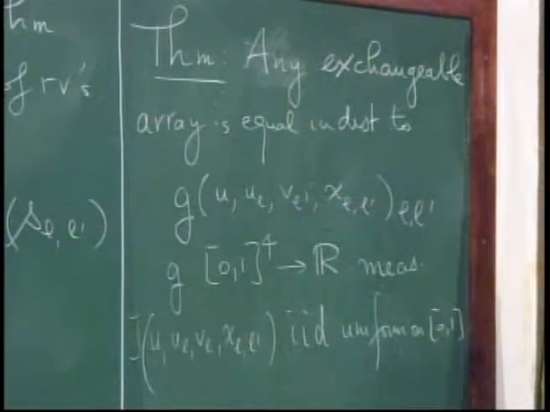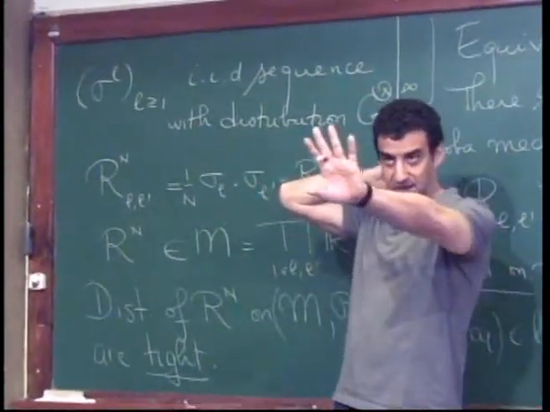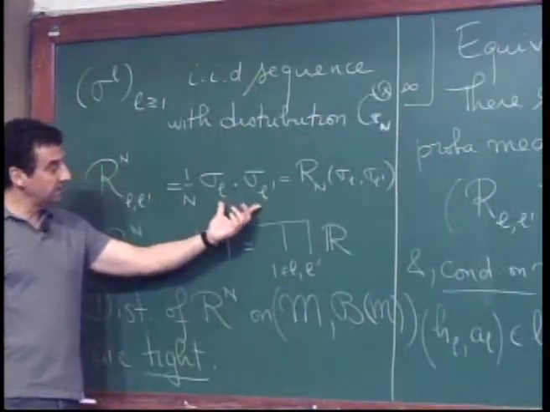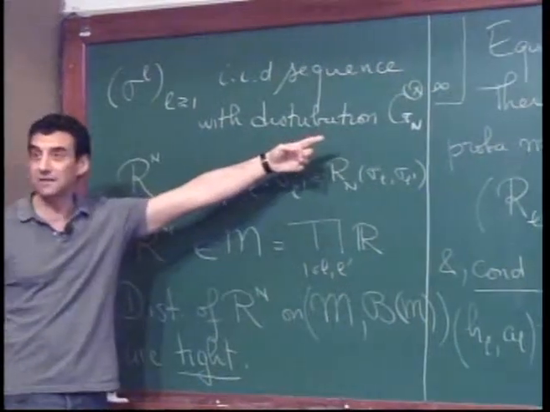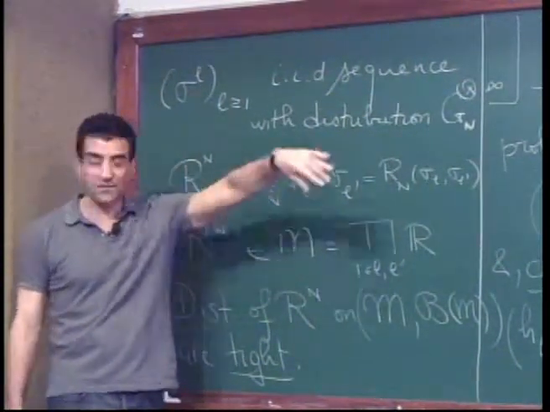Yes, I see it. But then when you say you do some permutation. Look, it's written here. Okay, I get your question. If I do any permutation, here I started from things which are IID. I'm sorry, you're completely right. I withdraw what I was saying. I was thinking of something else.